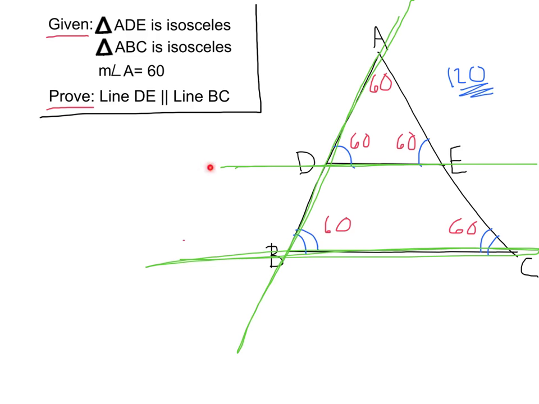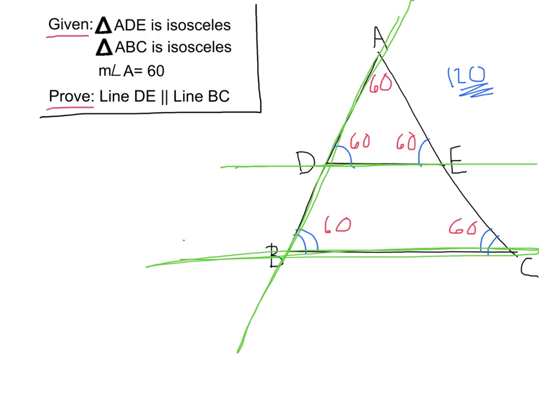Okay, now looking at these, I've got two lines and a transversal. Notice here, these angles are corresponding based on our new picture, and they're both equal to 60 degrees.